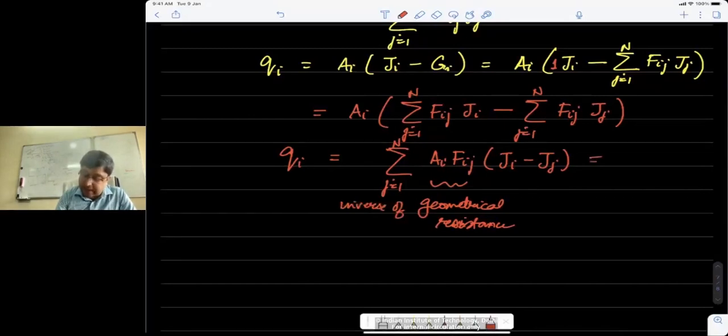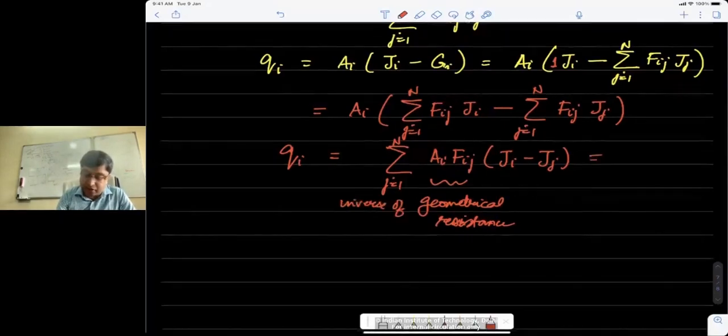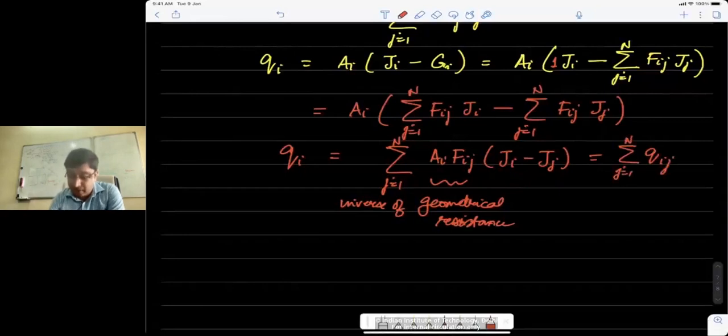And more importantly, it is saying that the rate at which energy is to be supplied to I has to be the same as the rate at which energy from surface I is going to surface j, individually. So it is the sum of energy going to each and every surface j, that I'm writing as Qij.